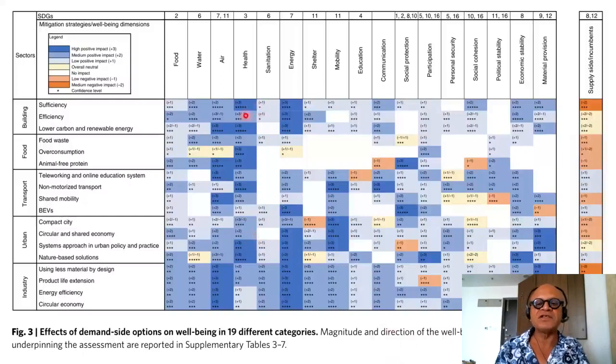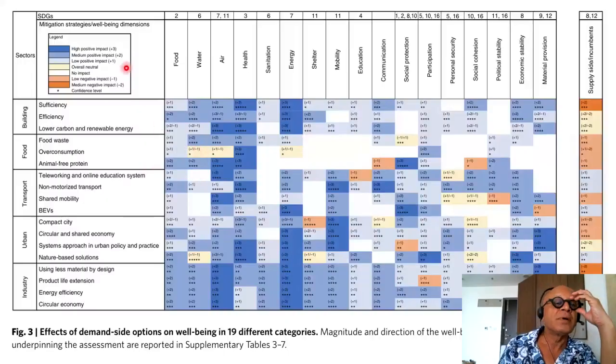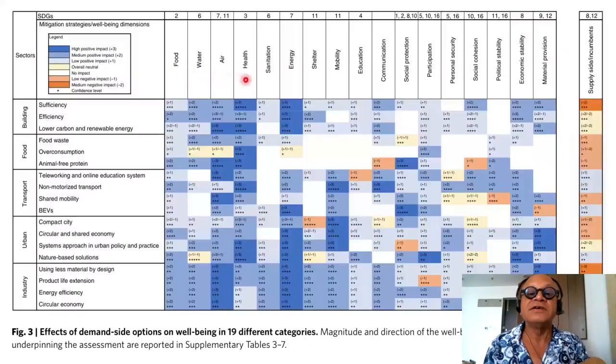Obviously you can see the table here, it's quite complicated with lots of stars, footnotes, and so on, but just to look at the mapping, here are the SDGs, and here are the sectors ranging from food, water, air, health, sanitation, energy, shelter, mobility, education, communication, social protection, participation, personal security, social cohesion, political stability, economic stability, and material provision.